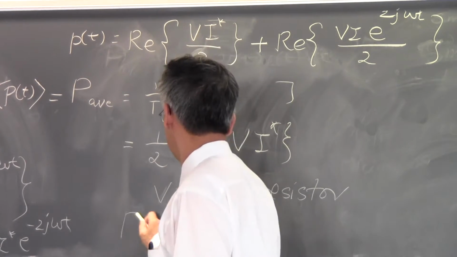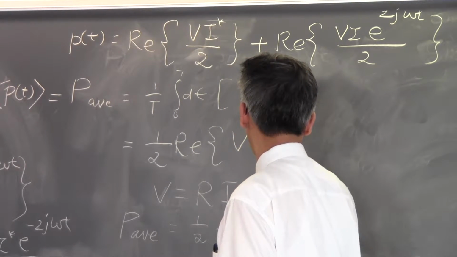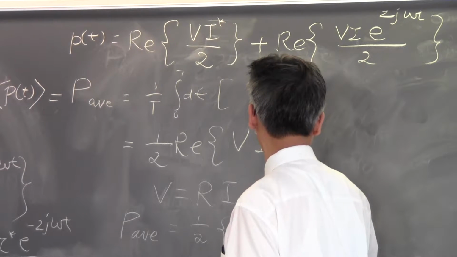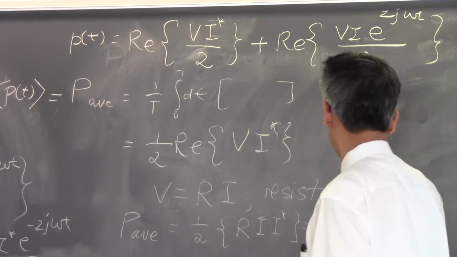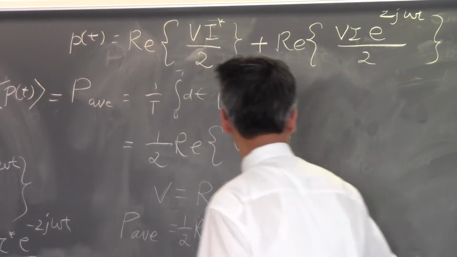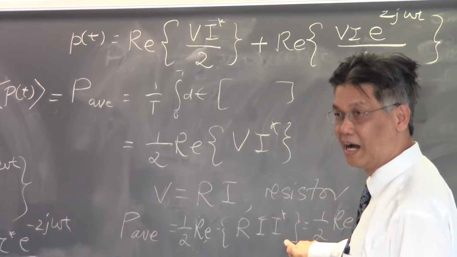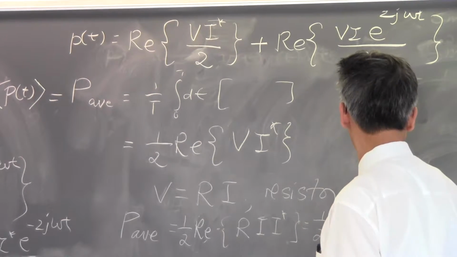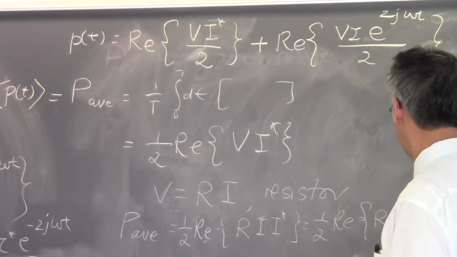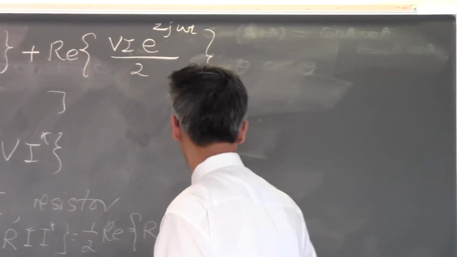And then you can see that P average is equal to half the real part of V times I conjugate, which is half the real part of R I times I conjugate, which gives you I magnitude squared. This is entirely a real quantity, so you can remove the real part. So this is R I squared over 2.